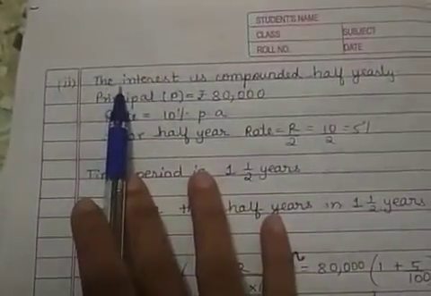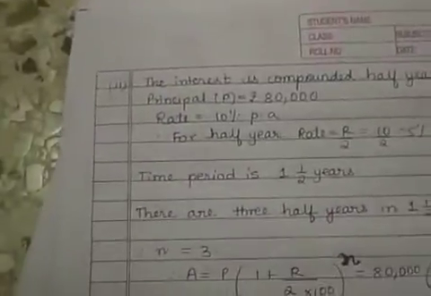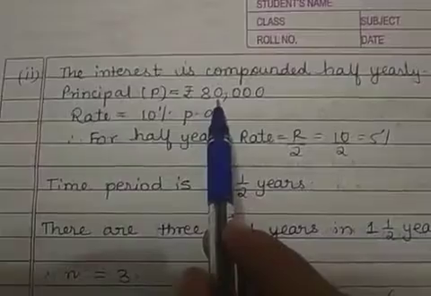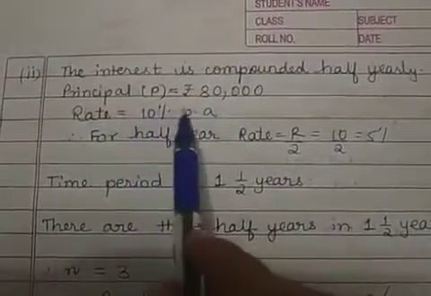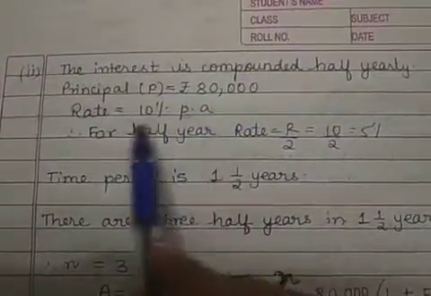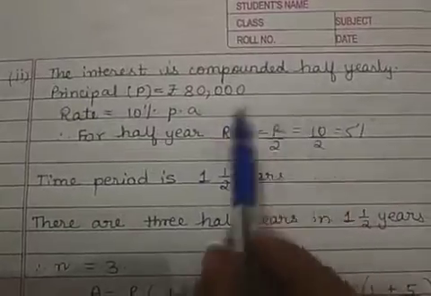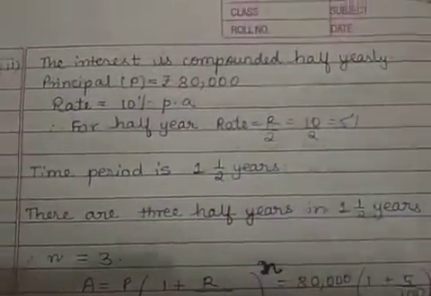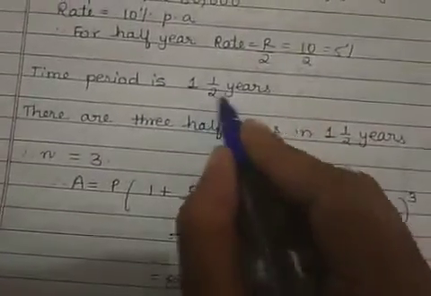Now let us see what you get if the interest is compounded half yearly. So principal is 80,000 rupees, rate is 10% per annum. Since it is compounded half yearly, your rate will be R upon 2, which is 5%. Now the time period is 1.5 years.